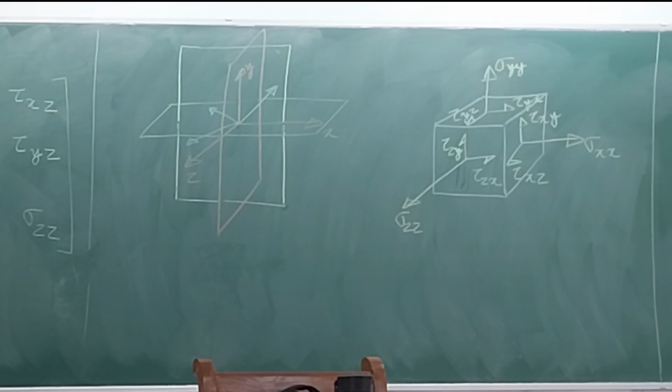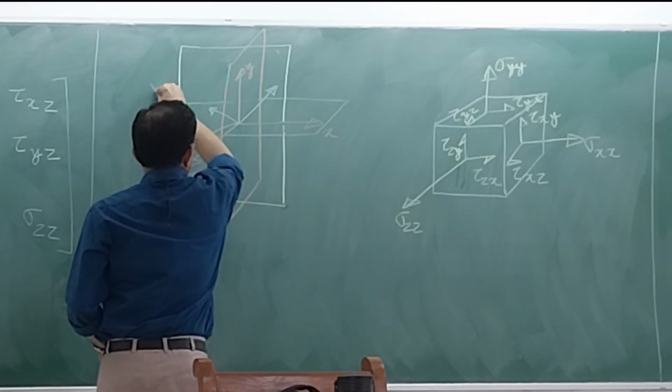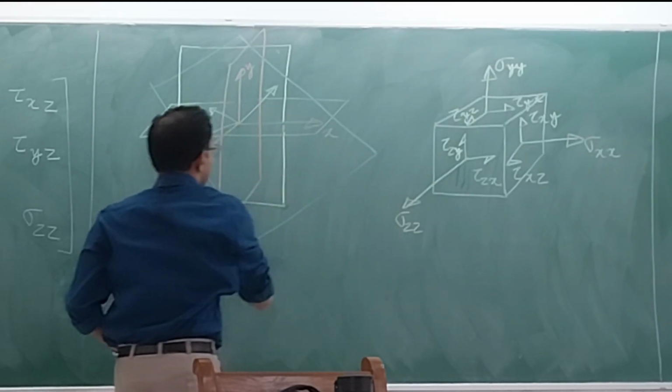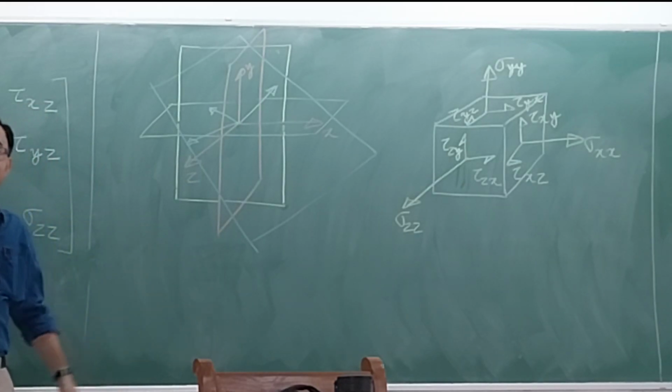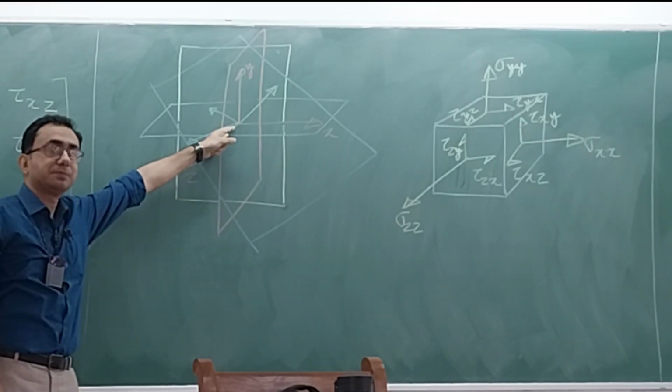Now I am going to draw another plane because 3 was not enough. I am going to draw another plane which is arbitrary. This is the arbitrary cutting plane that I have shown you. And please note, the special thing about this cutting plane is that this also passes through that point.